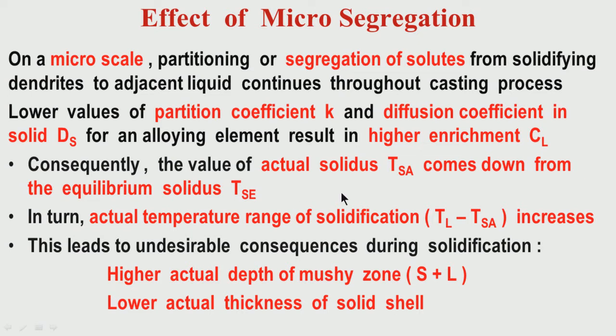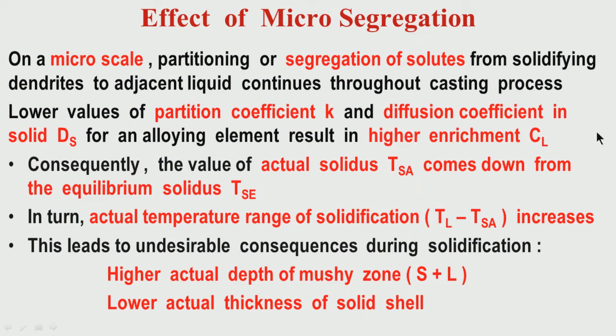So, what we find through the iron carbon diagram or any phase diagram, in fact iron silicon or iron manganese, any phase diagram, what we get is TAC, the equilibrium solidus, but what is important is the actual solidus. So, you try to understand what is happening.